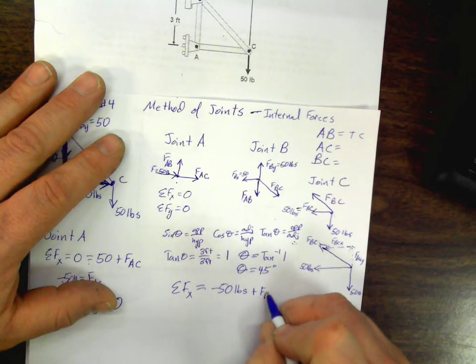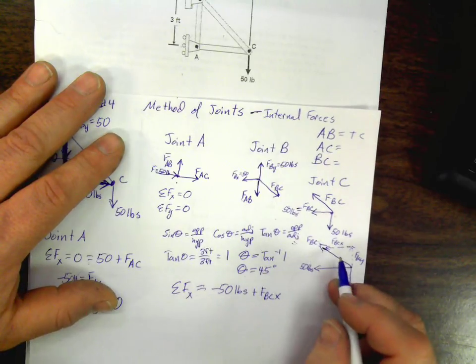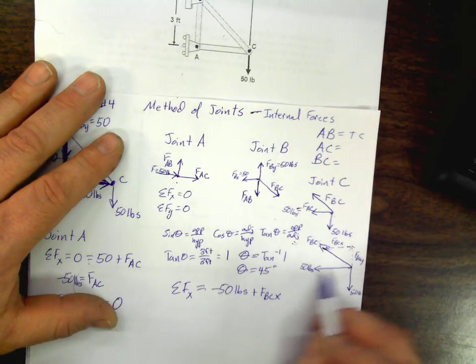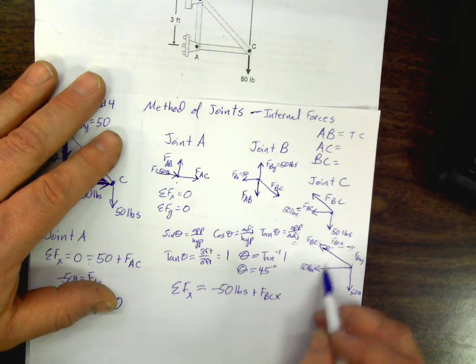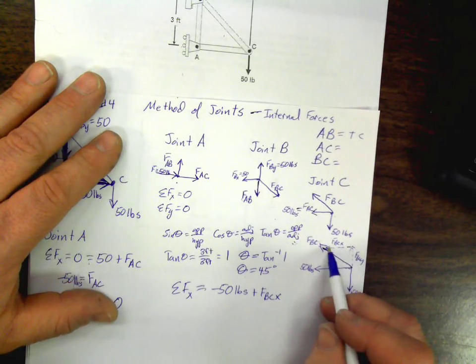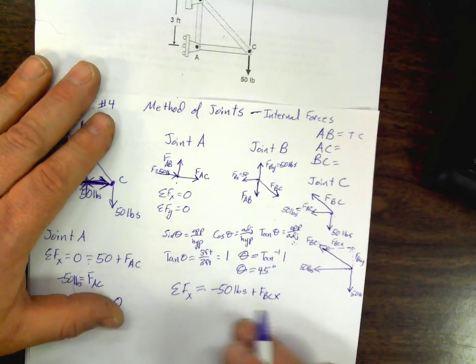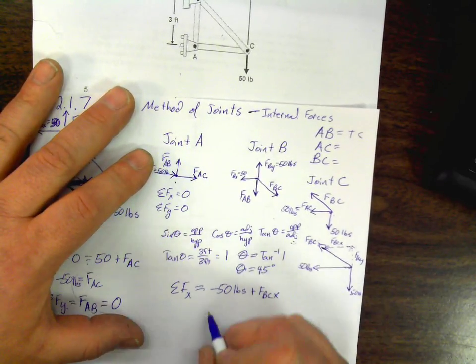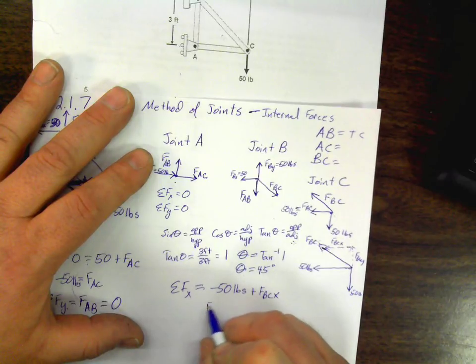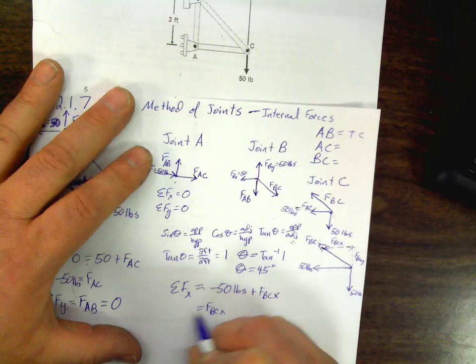Now the sine of 45 degrees is actually 0.707, so we can go f of BC equals 50 pounds over 0.707. If we divide that out using our calculator, 50 divided by 0.707 equals 70.72 pounds. We'll leave that there.